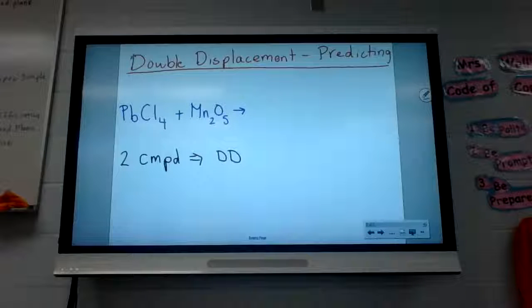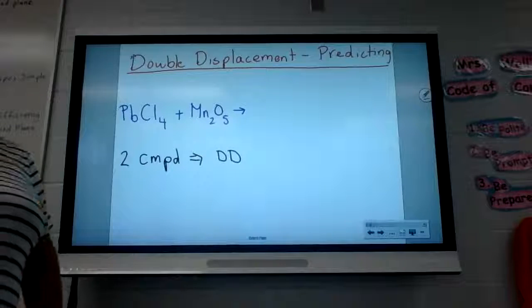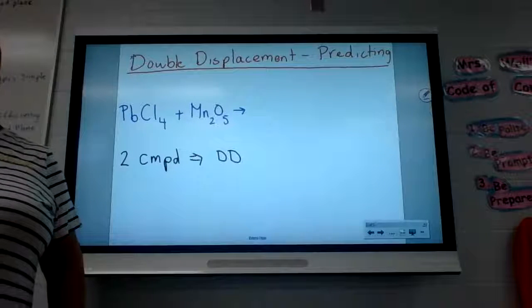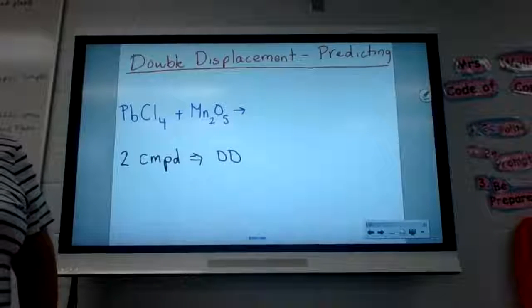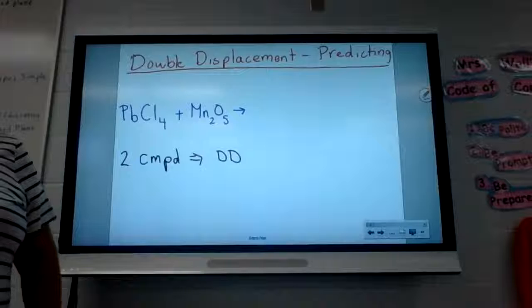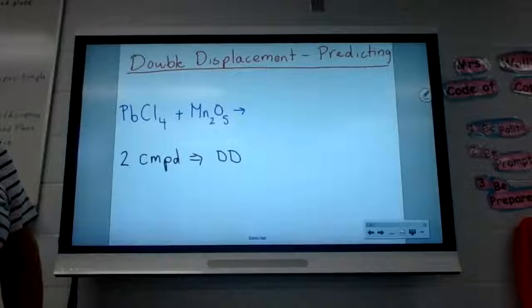But tomorrow we're going to mix all 5. So when you see this compound plus that compound, in your head you've got to go, that's double displacement. Just like last night, you saw an element plus a compound, you've got to be able to say that's single displacement. Because when they're all mixed, am I going to tell you which one's which? No, I'm not. You have to figure that out.